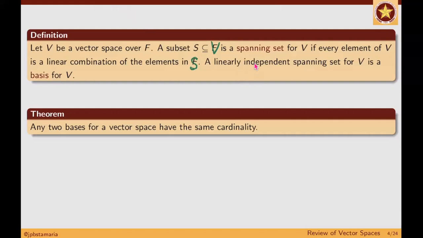Dapat, kung tama yung basis na nakuha ng kaklase mo, dapat lahat ng iba pang basis na makukuha ng ibang mong classmate, dapat 3 lang din ang laman. Naintindihan niyo? Ganun ang ibig sabihin natin nito. Any two bases have the same cardinality.